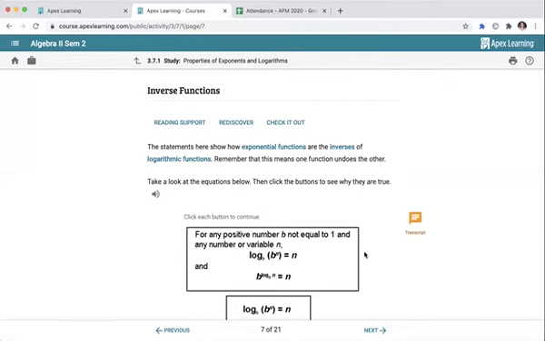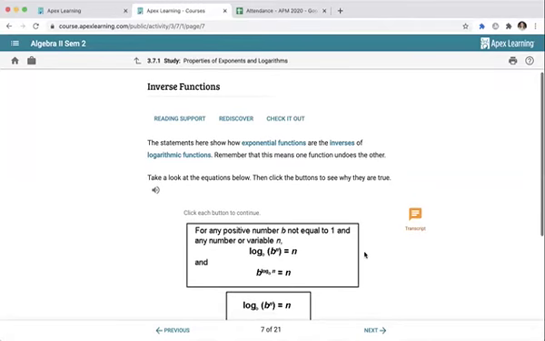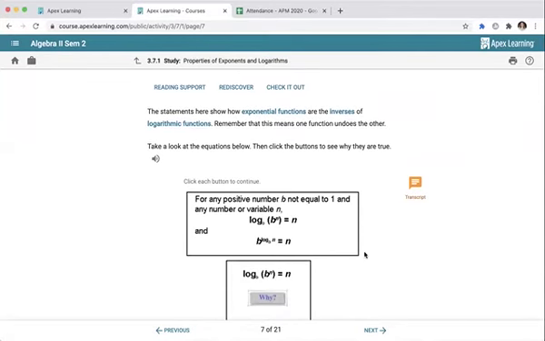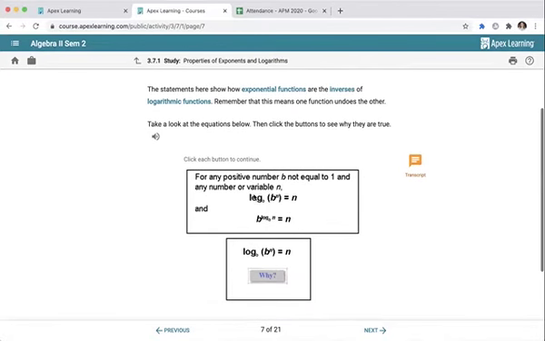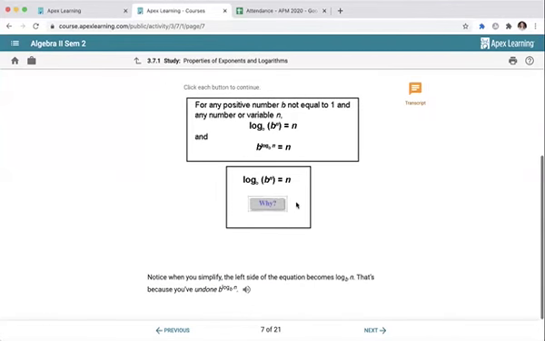Okay, so again, understanding that they're inverse functions is going to be super helpful as the first property here. What that means is they will undo each other. So if I have my log base b of b to the power of n, what they're saying here is that your log and your exponent cancel out and you're just left with this value of n here.